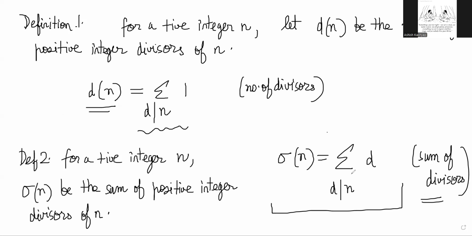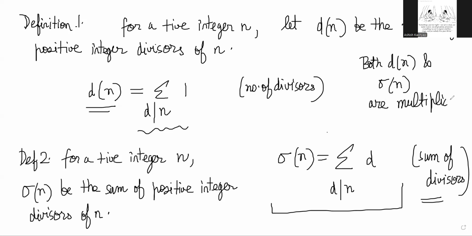Okay. Now, let's try to derive some formulas. Both of these functions, d and sigma, are multiplicative. So d of n and sigma of n are multiplicative. What that means is d of mn will be d of m times d of n as long as m and n are co-prime to each other, right?